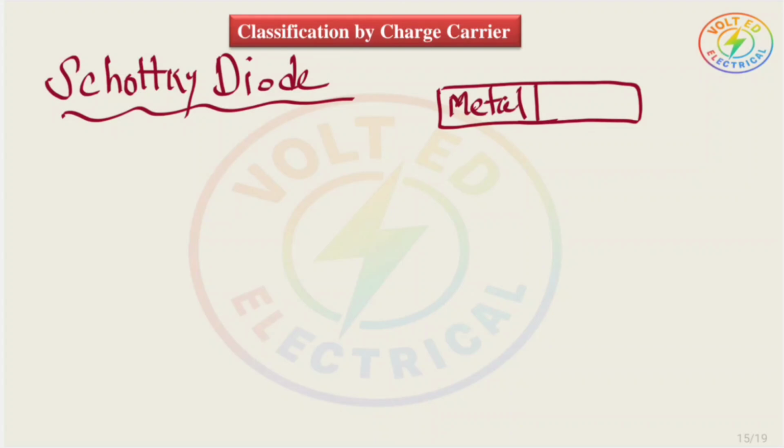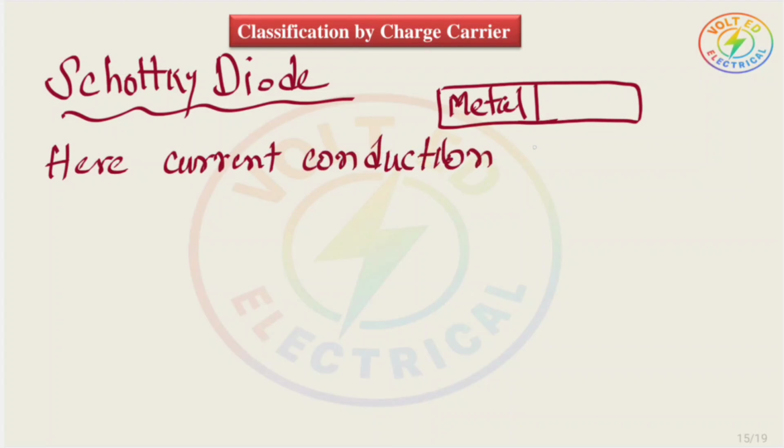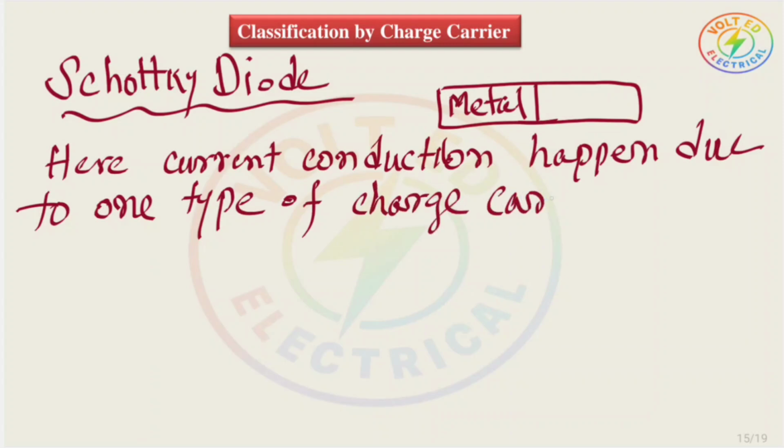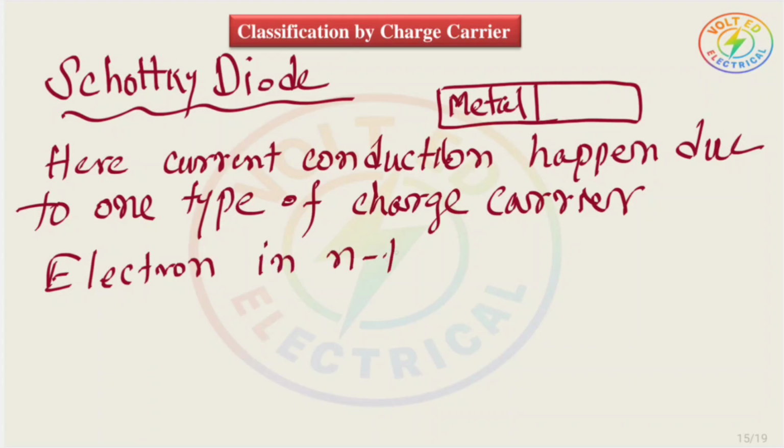So current conduction happens due to one type of charge carrier: electrons in n-type and holes in p-type.